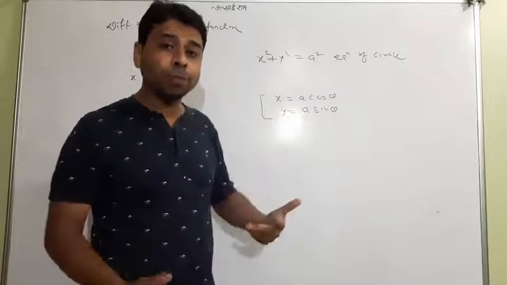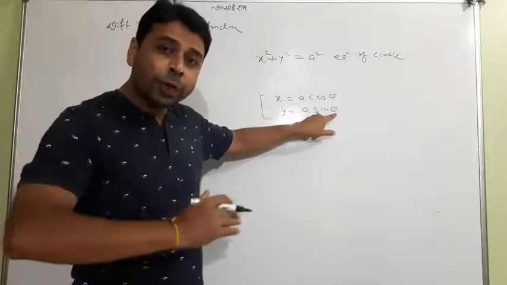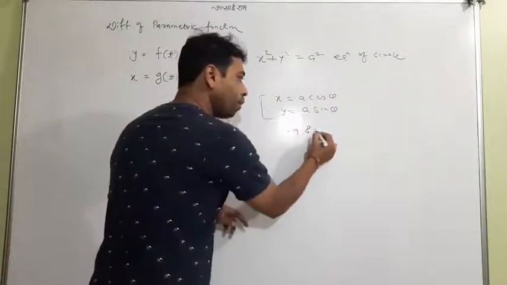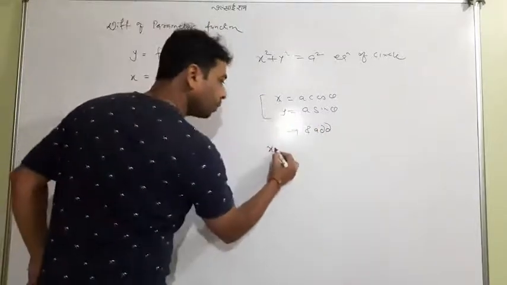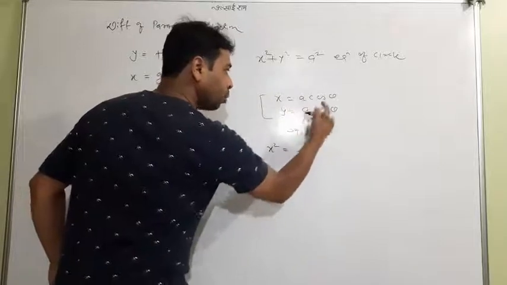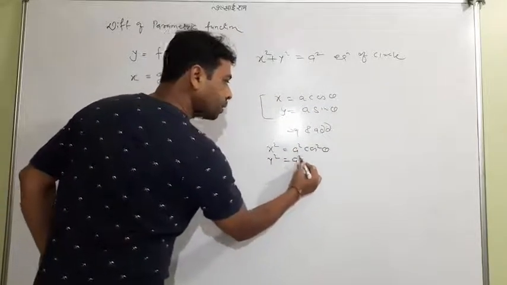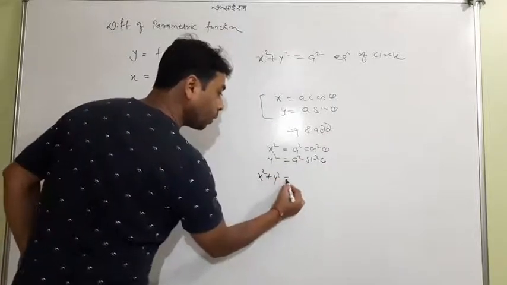So how is it so? I do something. Try to eliminate theta, the third variable. Do squaring and adding of both equations. You will get x square equal to a square cos square theta and y square equal to a square sin square theta, and adding, x square plus y square.